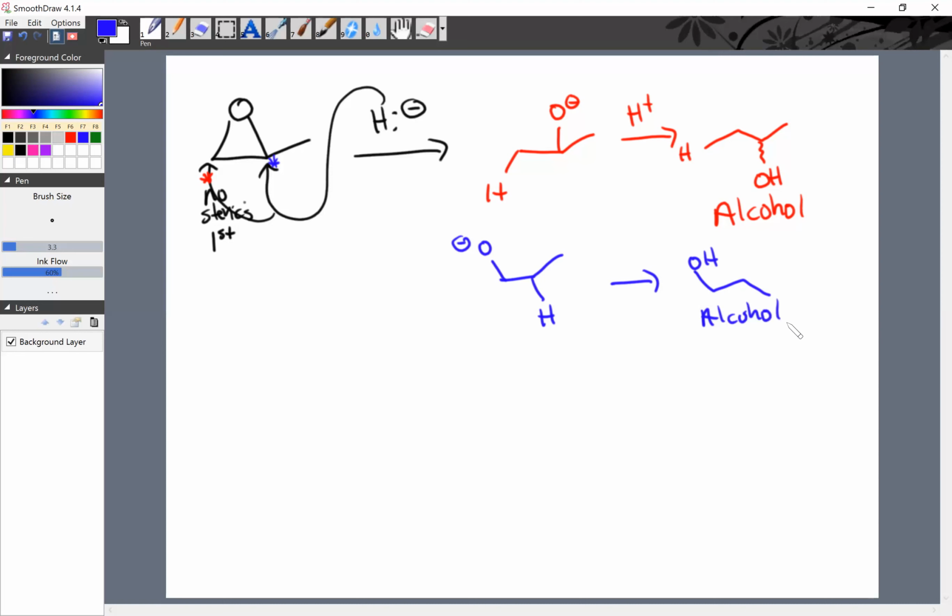All right, now this one is a primary alcohol, where this one is a secondary alcohol. So again, there is a difference, so it will matter which location. And if there's nothing special going on with this epoxide, steric should rule, and it should be this location, should be the major product. And we do have a whole section on epoxides later on, but that is the generic gist of them.